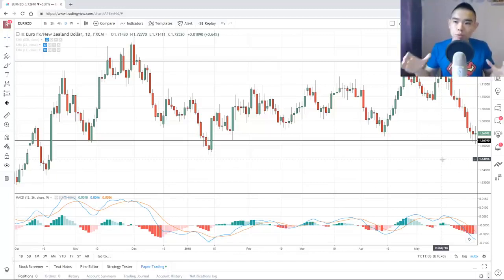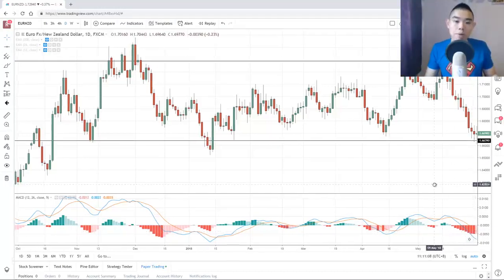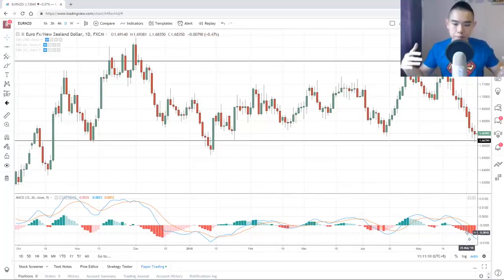Don't chase breakouts. Don't trade breakouts when there is strong momentum on your MACD histogram, because by the time this MACD histogram shows you strong momentum, the breakout would have already moved very far in your favor, and it's not going to be favorable trading breakouts because, number one, the market has already moved so much. If you enter right now, you might get stopped out on the retracement or the pullback. If you don't, that means you have a very wide stop loss.